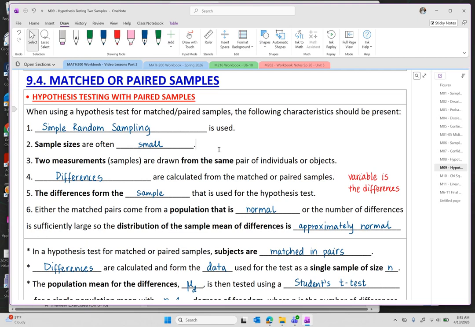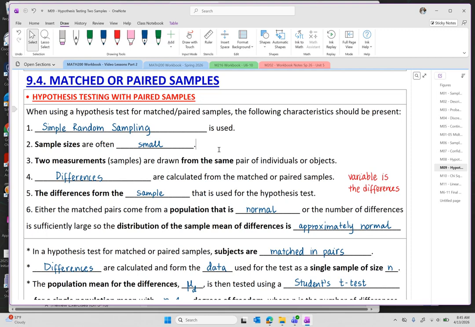If they are paired because they have a relationship to each other, then we are comparing the pairs between them. The differences are calculated from the matched or paired samples, and these differences form the sample that is used for the hypothesis test. So actually a single variable is the difference that occurs between each pair.